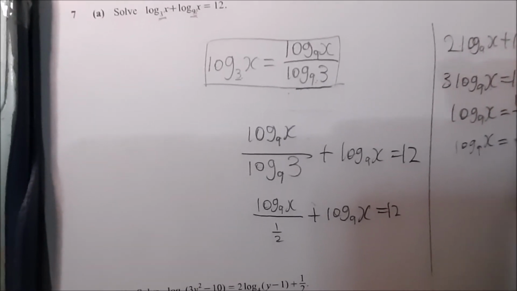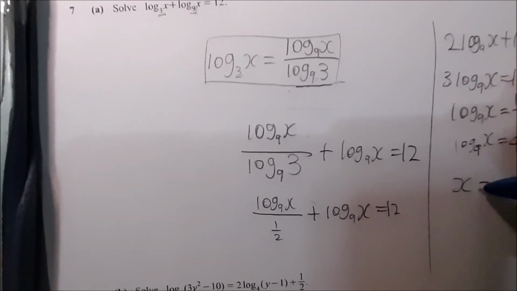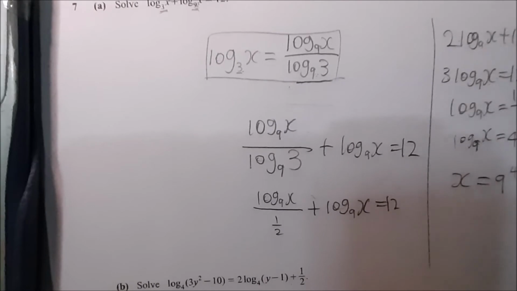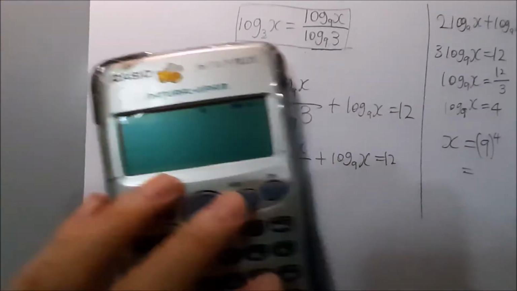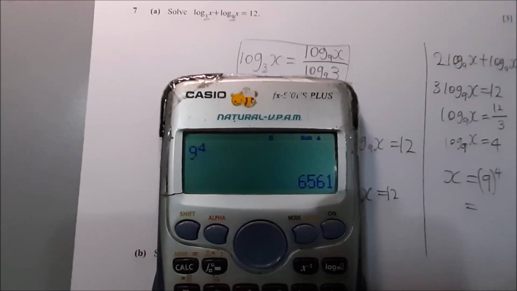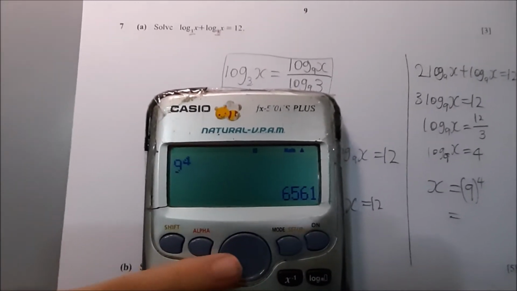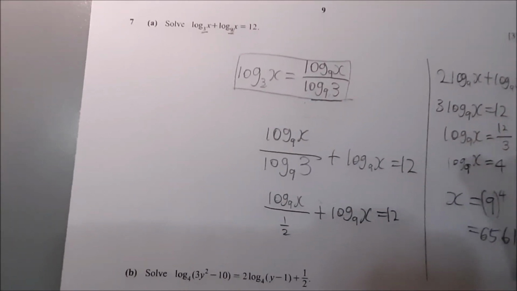So log 9x should equal 4. And now to get the x value, x should equal 9 to the power of 4. So this would be 6561. And that is the answer.